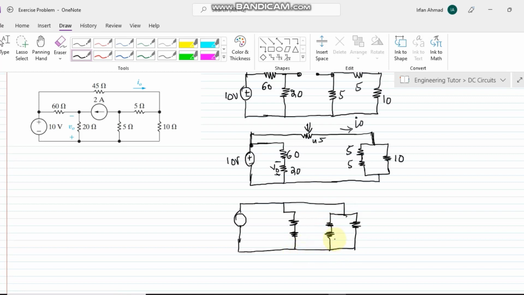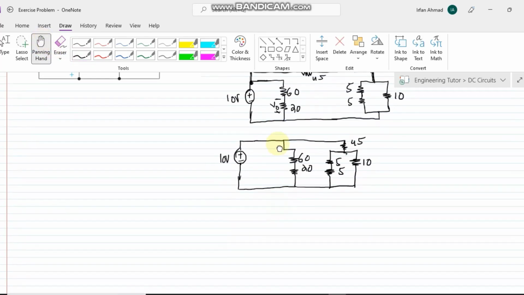Okay, so this is the circuit in which this is 10, this is 5, this is 5, this is 60, this is 20, this is the 10 volts voltage source, and similarly this one is here. Okay, so if I can write it, this is in series with these two resistors, so that is the 45 ohm resistor. Okay, so that is the scenario now.